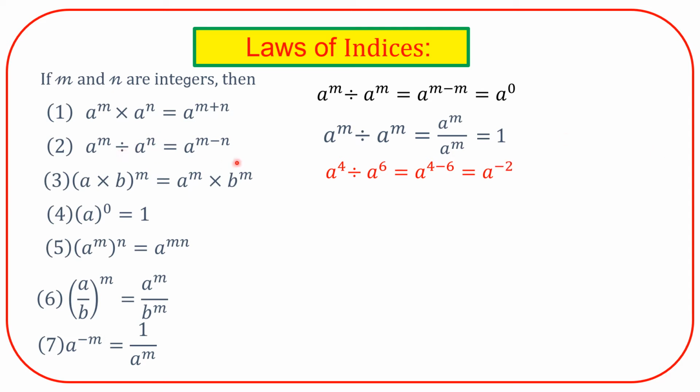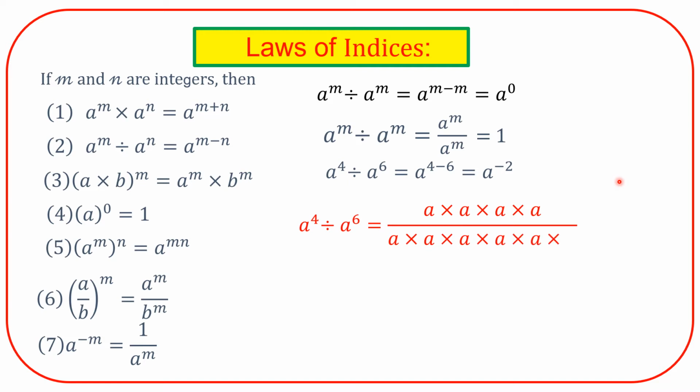According to this law, a raised to 4 divided by a raised to 6 is equal to a into a into a into a, 4 times, in the numerator, and in the denominator, a into a 6 times.